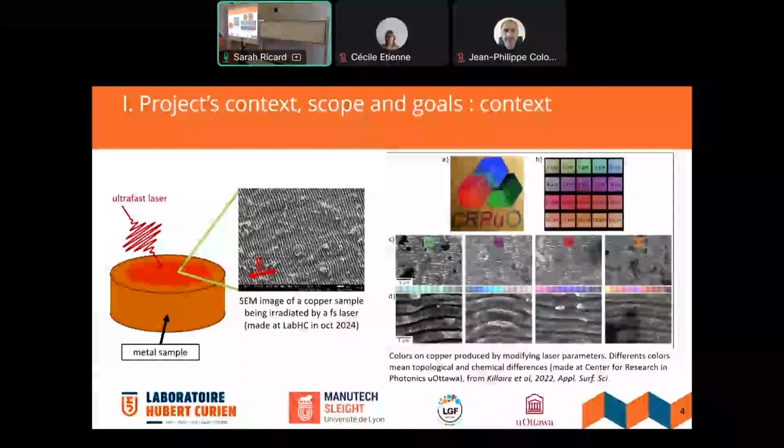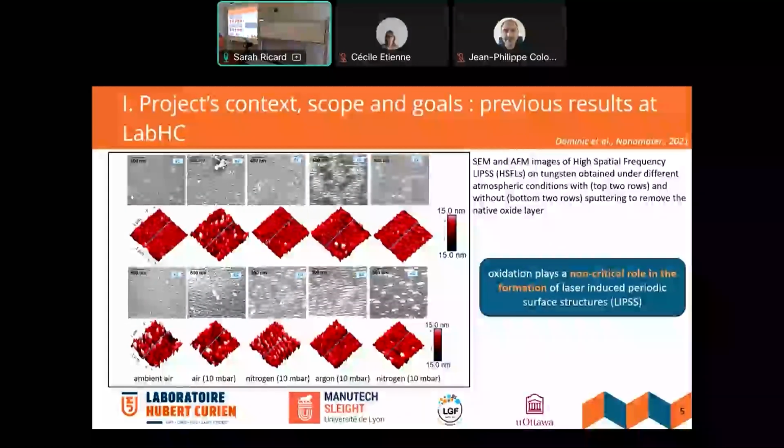So now that we know that, there's of course the question of whether the oxidation process plays a role in the formation of those structures. For the type of those structures, being the HSFLs, we are talking about high spatial frequency, so lower wavelength than the laser.